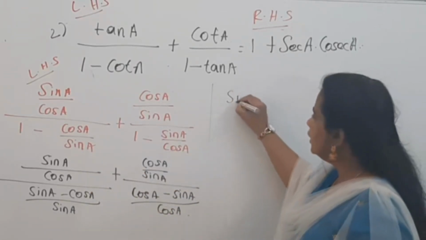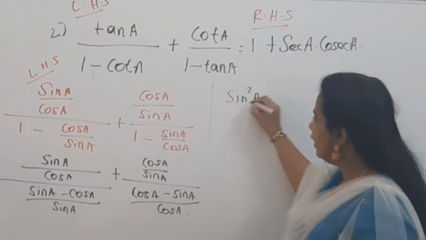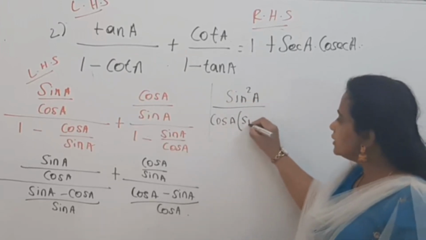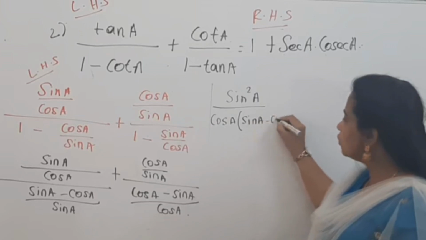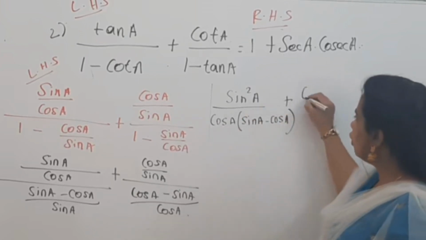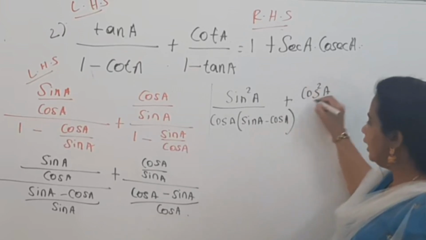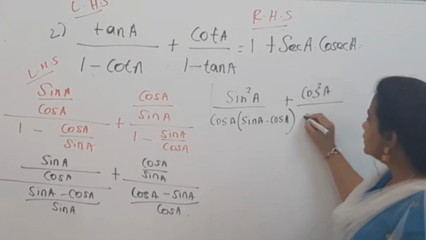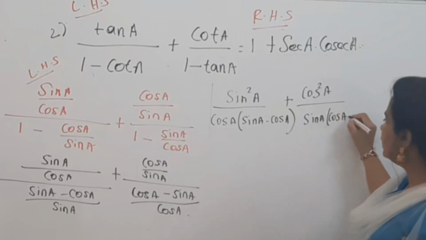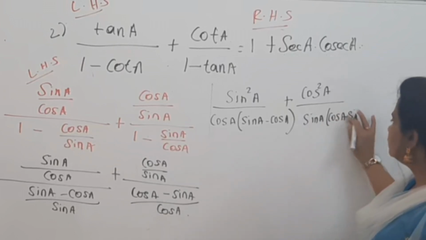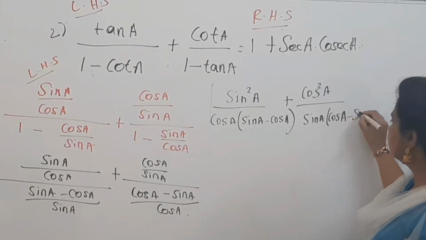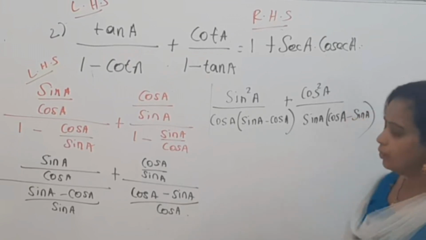So that becomes sine square A divided by cos A into sine A minus cos A, plus cos square A divided by sine A into cos A minus sine A. Hope you get the point.